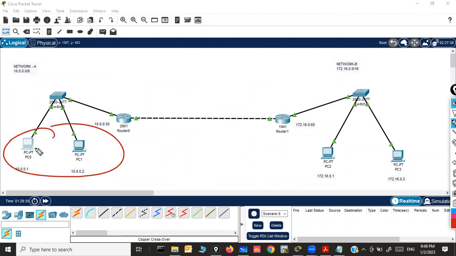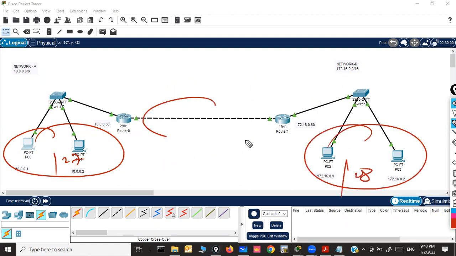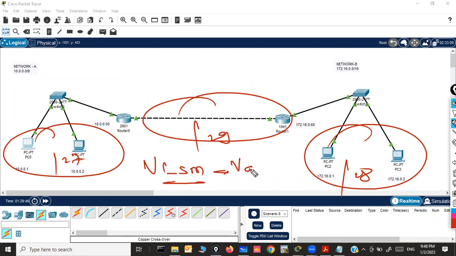And if I'm using /27 here, maybe /28 here, /29 here, it is known as VLSM, variable length subnet mask. So there are two terms, VLSM and FLSM.